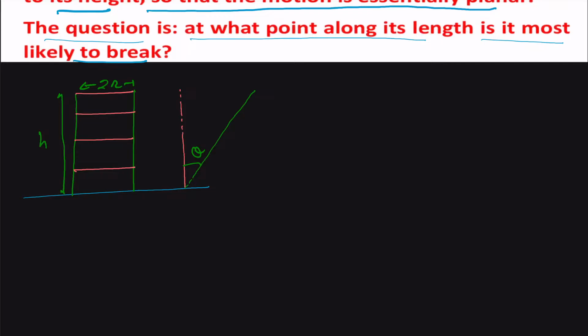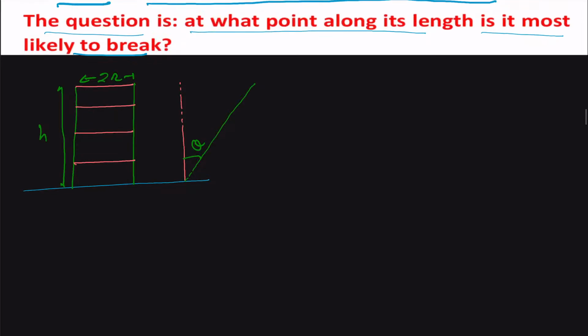So we can consider this building as a thin rod. Okay. So we can consider that our chimney is nothing but our thin rod. This approximation we are going to make.